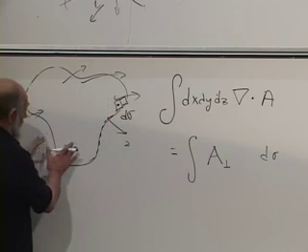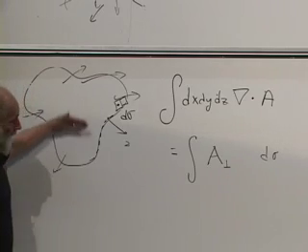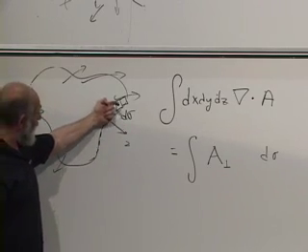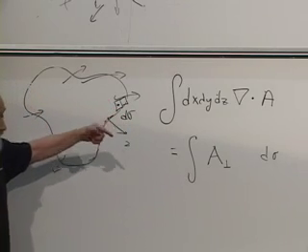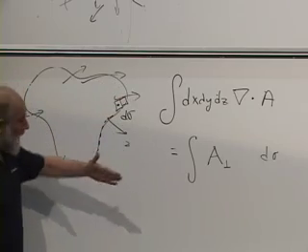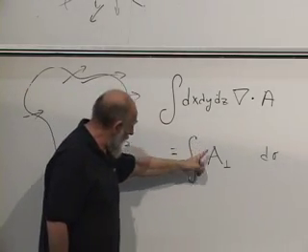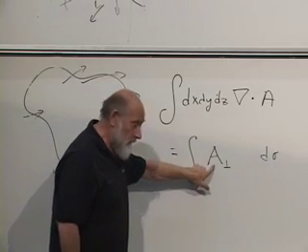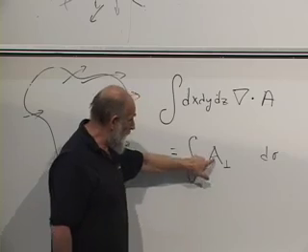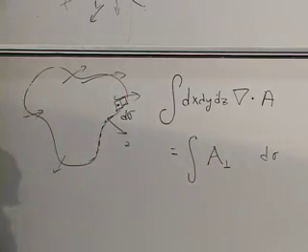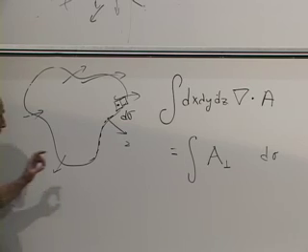Notice, incidentally, that if there's a flow along the surface, it doesn't give rise to any fluid coming out. It's only the flow perpendicular to the surface, the component of the flow perpendicular to the surface, which carries fluid from the inside to the outside. So we integrate the perpendicular component of the flow over the surface. That gives us the total amount of fluid coming out per unit time, for example.